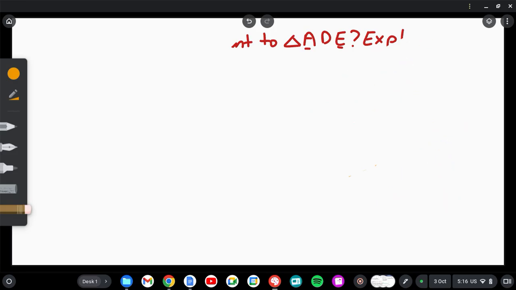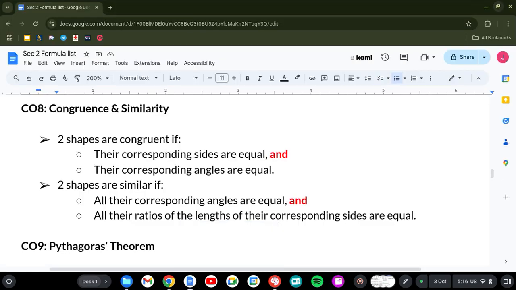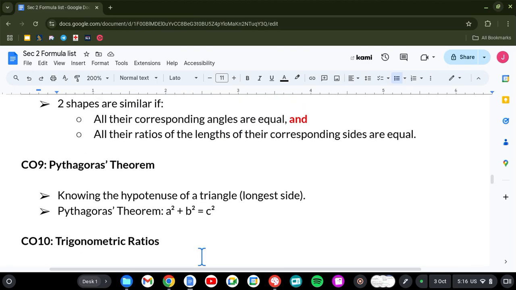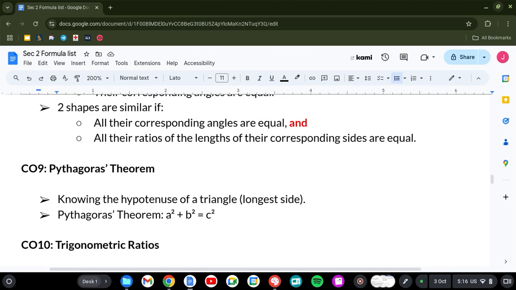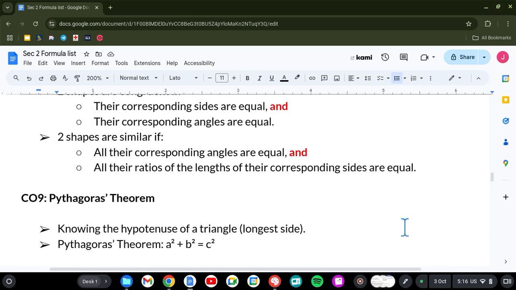Now we move on to chapter 9, Pythagoras theorem. For Pythagoras theorem, you need to know 2 things. 1, you will need to know the hypotenuse of a triangle, which is the longer side. So you will tell me which one is the hypotenuse here.